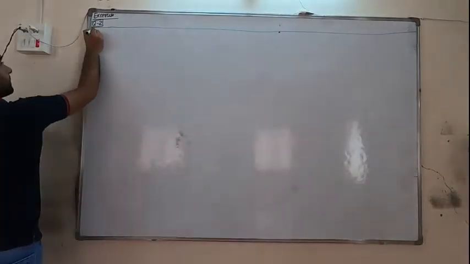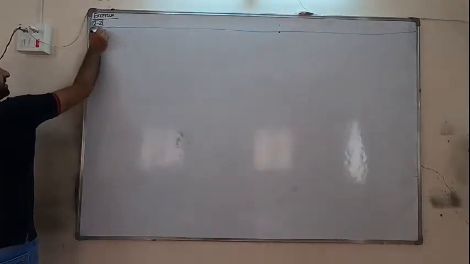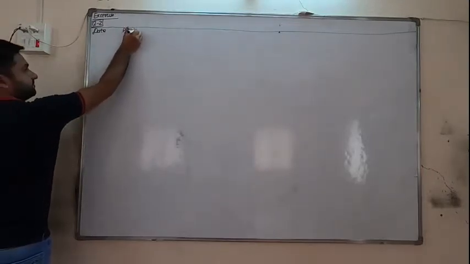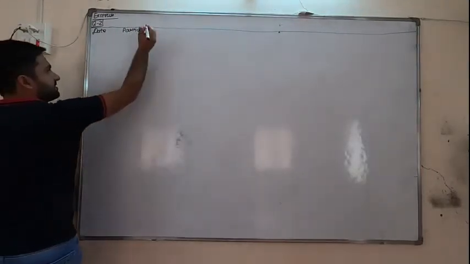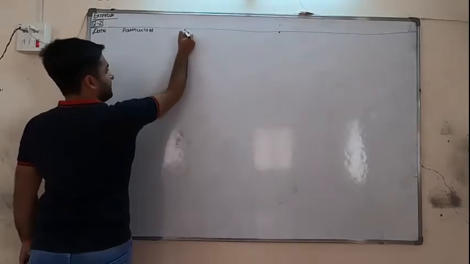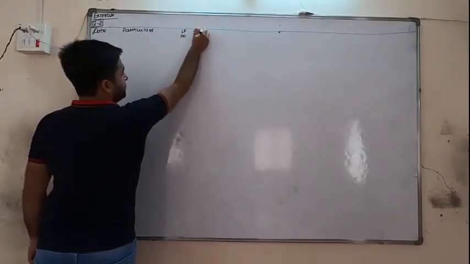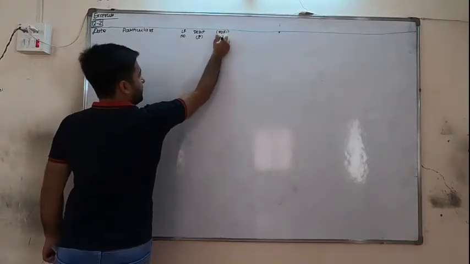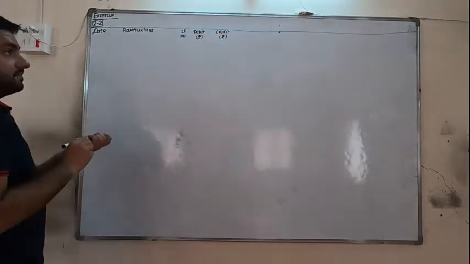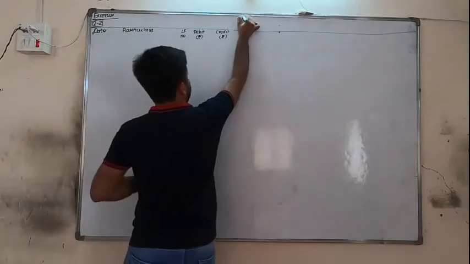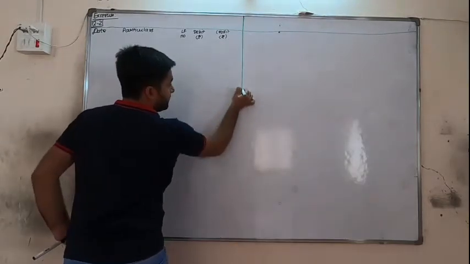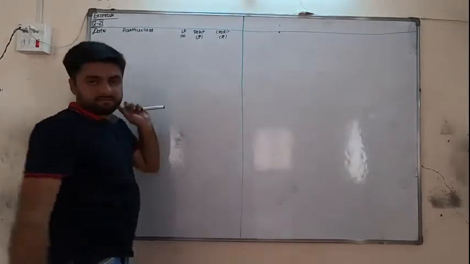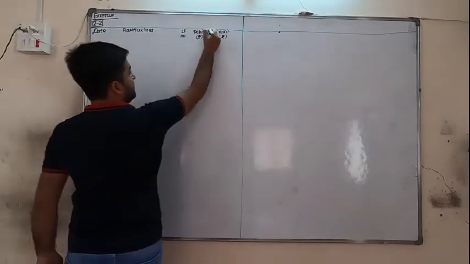Directly, date, particulars, LF number, debit rupees, credit rupees. So see, this is your page 1. On page 1 this much should come.